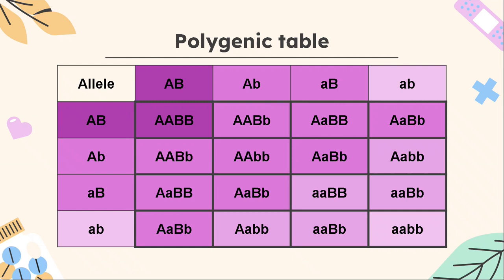So if you see AABB all in capital letters, that is the dominant homozygous variant, which if you have that for your height, you will be very tall. On the other hand, you can see the entirely lowercase aabb, which if you have for your height, for example, you will be very short.